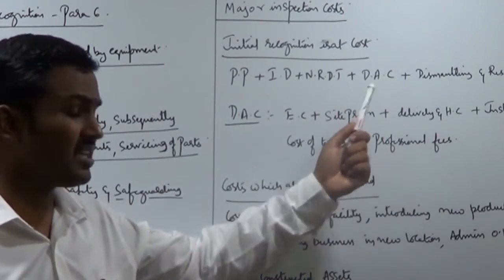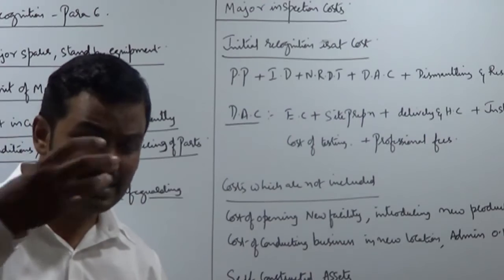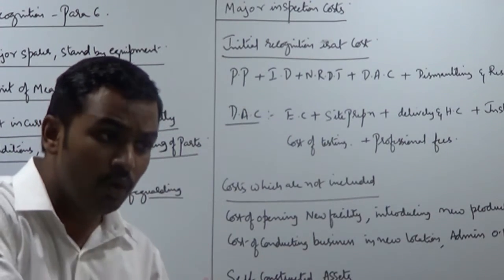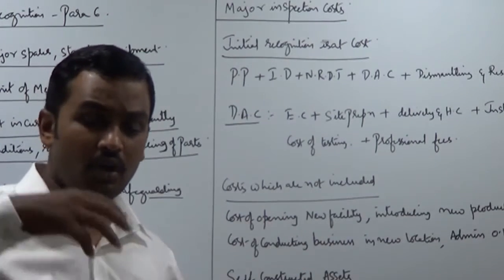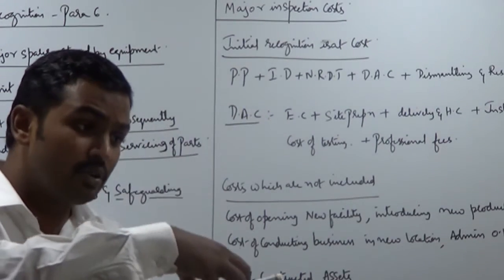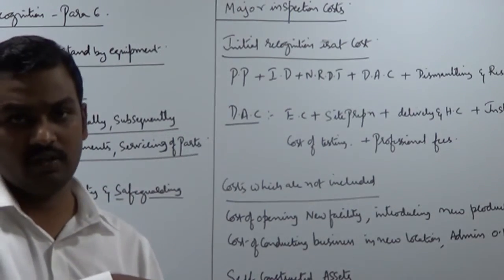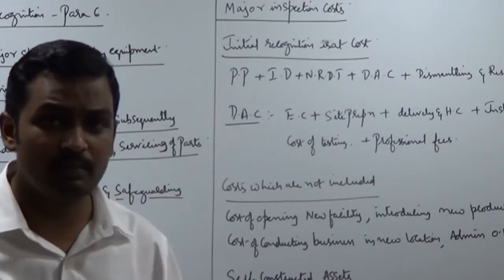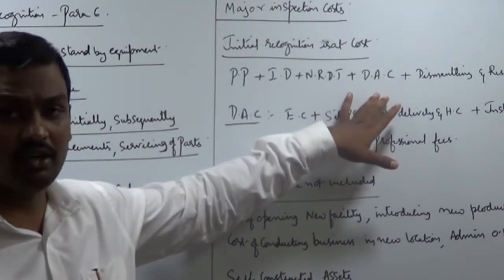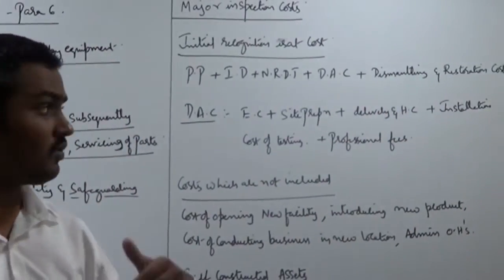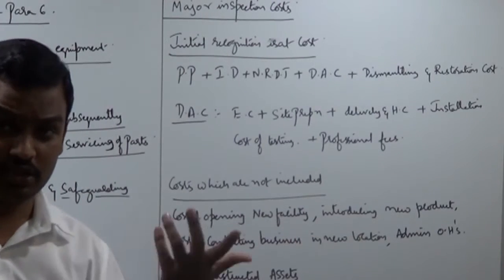Directly attributable cost, any cost which is incurred to bring the asset to the present location and condition in which I want to use this asset. So all expenditure incurred to bring it to the present condition and situation where I can start using it for my intended purpose, all such costs can be included. Apart from that, we have to make an initial estimate of what will be the dismantling cost, restoration cost.